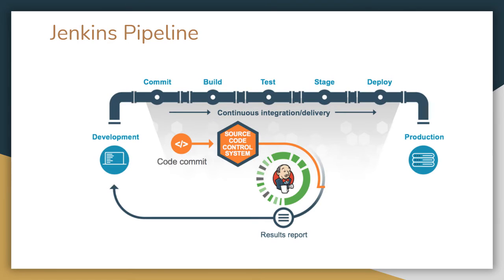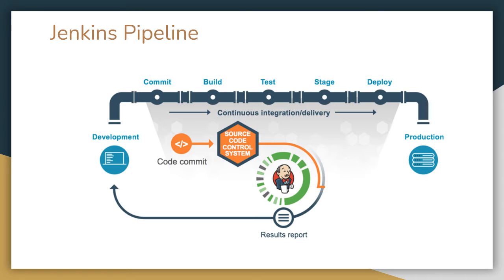As part of the CI pipeline, our Jenkins will have various stages. These stages can be, for example, commit, build, test, stage, deploy, as you can see in the picture. Basically, when a developer pushes their code, this code will enter this pipeline and go through these exact stages.